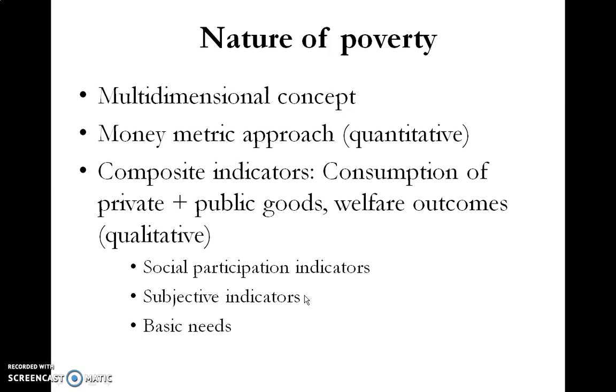One of them is quantitative in nature, which is mainly the money metric approach, and the other approach is more qualitative in nature, and it's fairly subjective, where composite indicators are used, such as consumption of private and public goods and welfare outcomes.